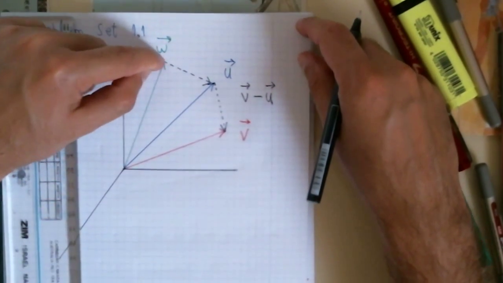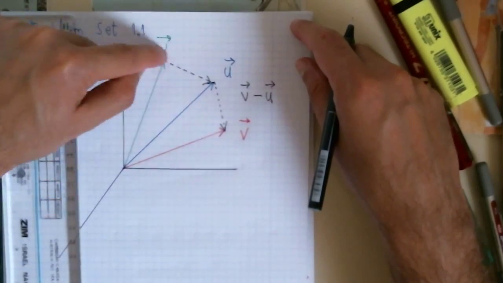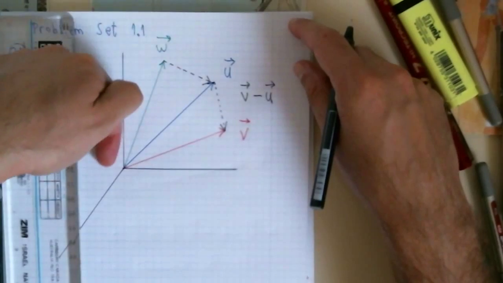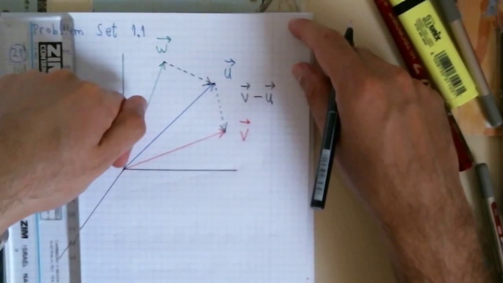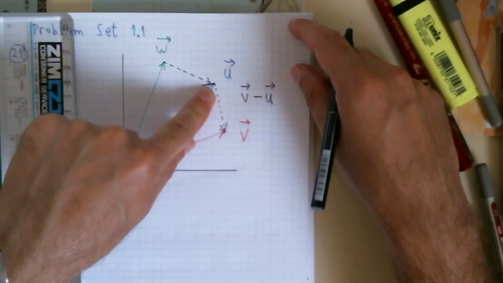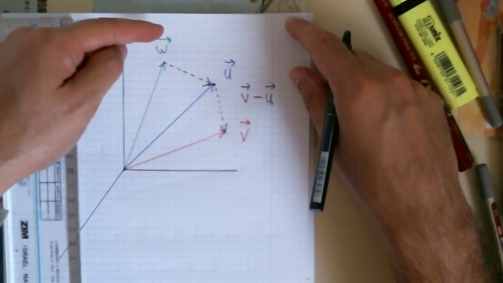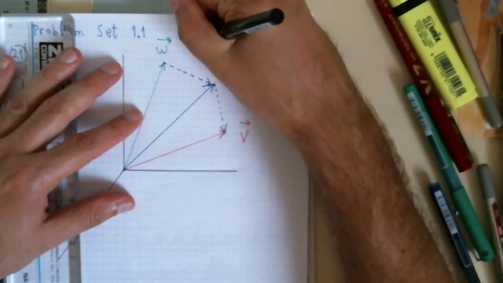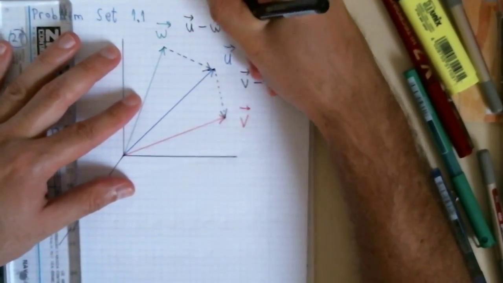And if we want to go from here to here, which is this arrow, we go in the opposite direction of w, so it's minus w plus u. So minus w plus u, it's u minus w. We can switch the order. So it's u minus w.